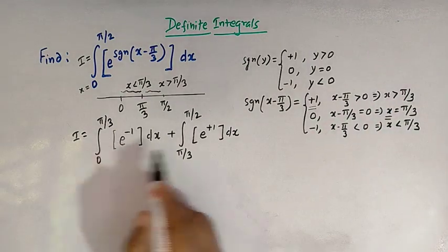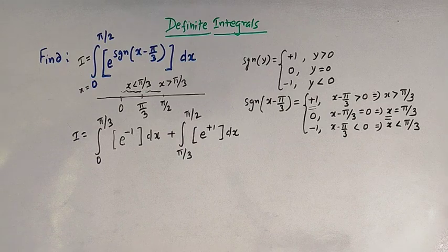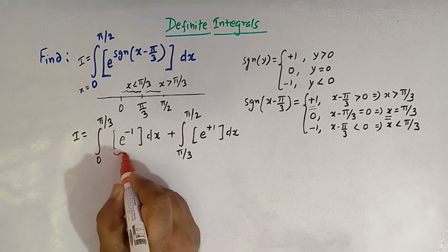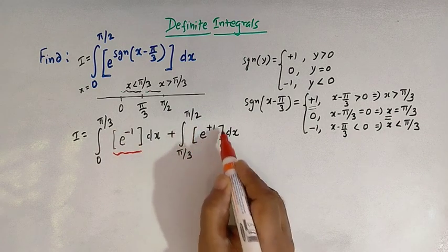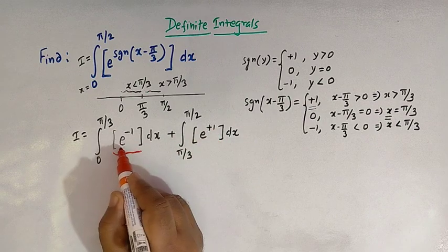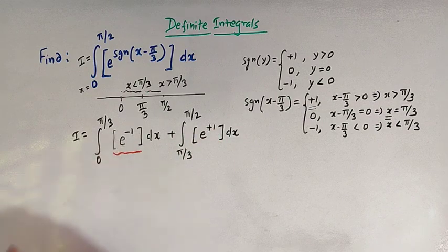Now we have these two integrals, and we have to calculate the values of the greatest integer of e raised to minus 1 and the greatest integer of e raised to 1, where e is the famous exponential number.